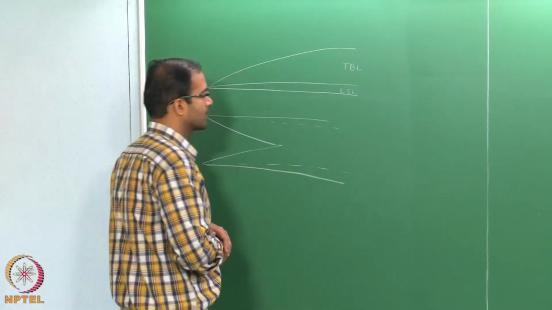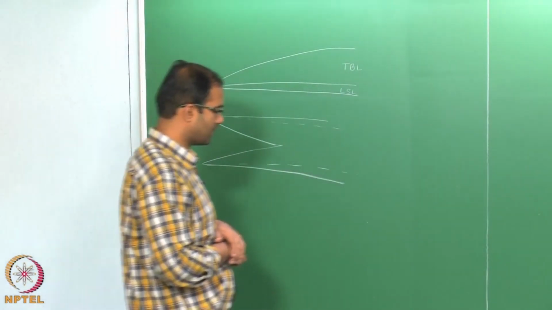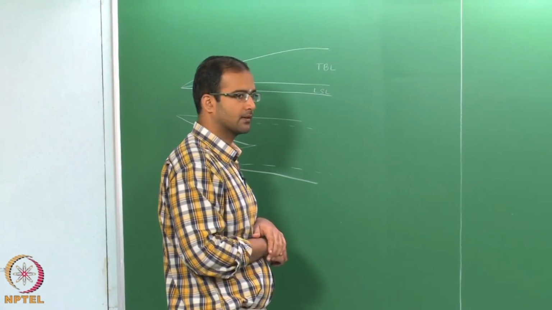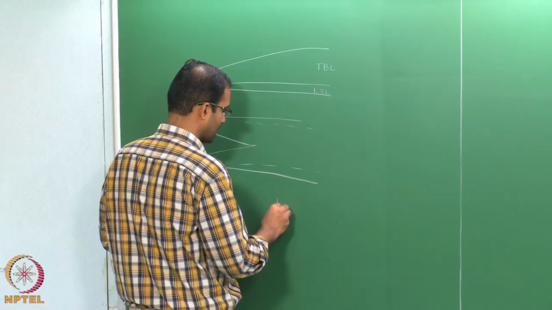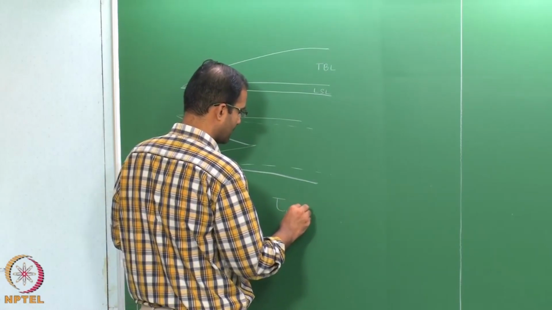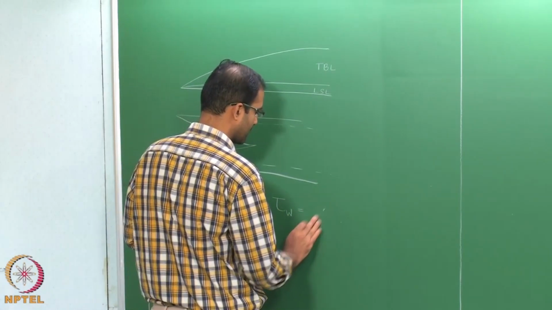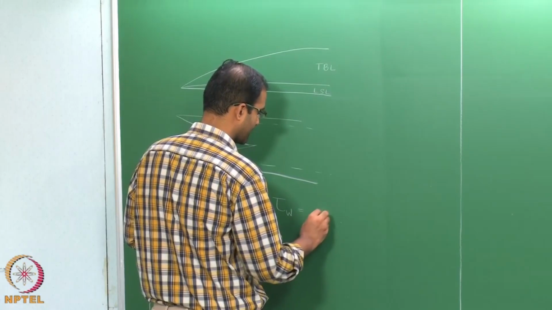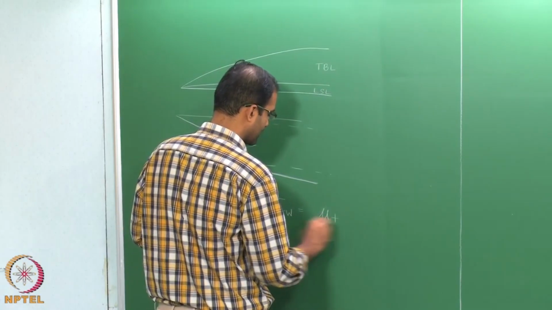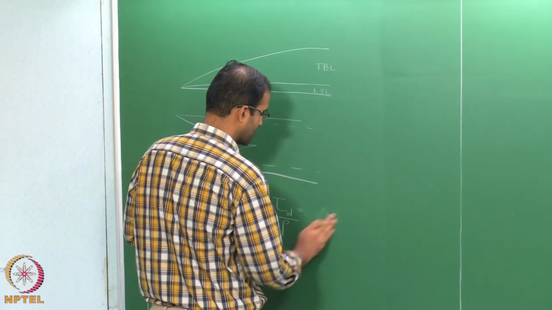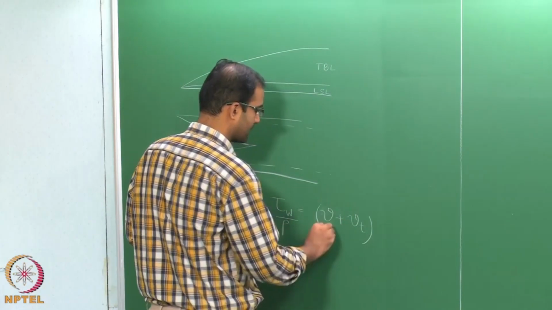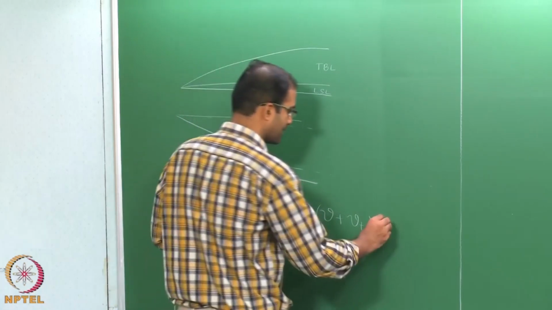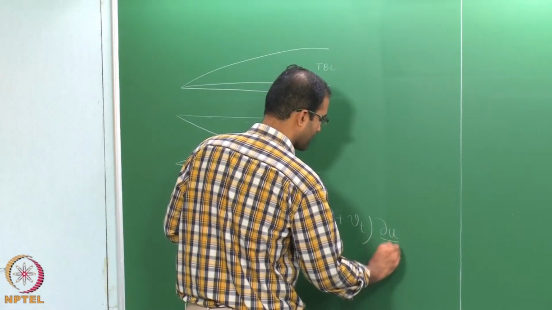From the expression for the total shear stress, tau is equal to tau wall, which is equal to mu plus mu t, we can write tau wall by rho as the laminar kinematic plus turbulent kinematic viscosities times du by dy.